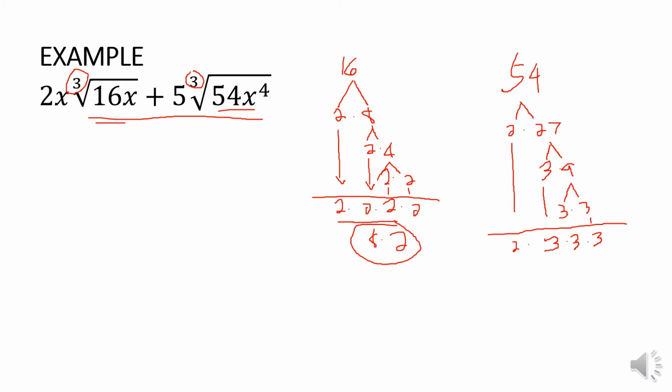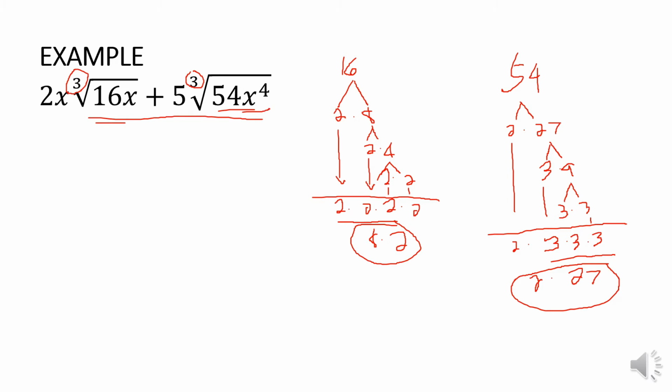Okay, so three numbers which are the same is 3. So 3 times 3 times 3 is equal to 27. So 2 times 27 are the factors of 54, in which one of the factors is a perfect cube number.